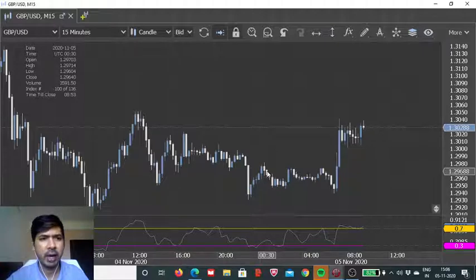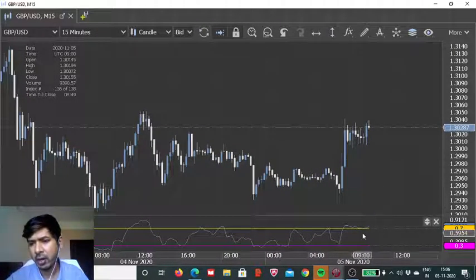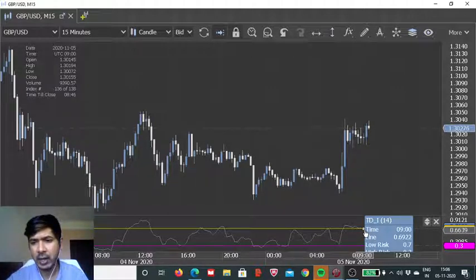So here we now have the GBP USD chart for 15 minutes, and in the bottom we have this TDI indicator plotted for the last 14 candlesticks of 15 minutes each.